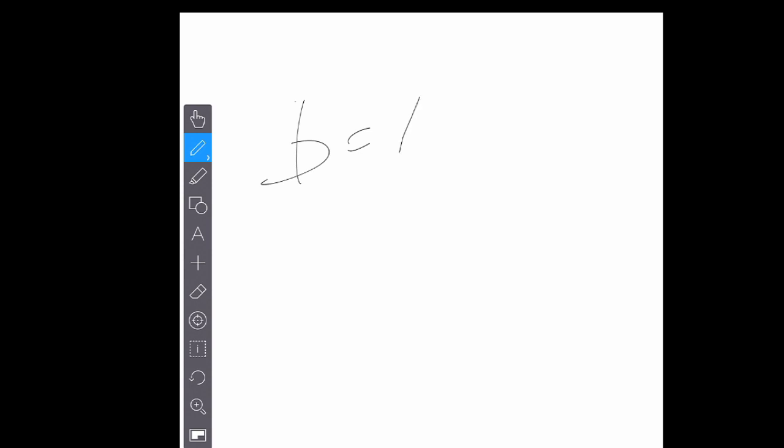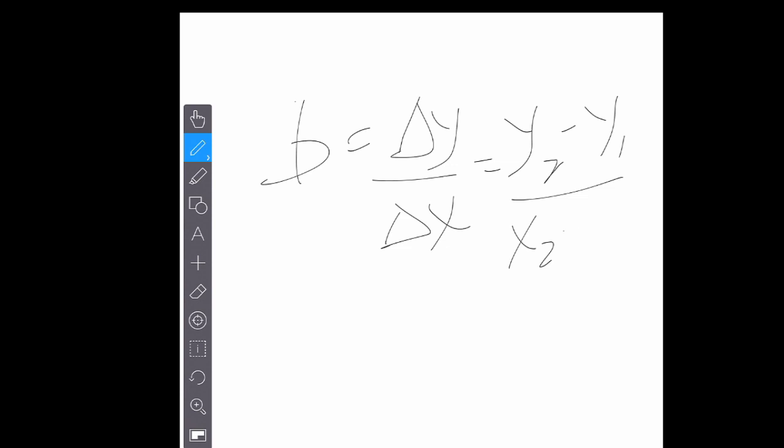Slope b equals change in y over change in x, right? That's what you usually do. You identify one point and call it point 1, another point and call it point 2, and you calculate y2 minus y1 over x2 minus x1. But we don't need to do that because we're getting the slope from something else to make our line. We're getting the slope already in regression.